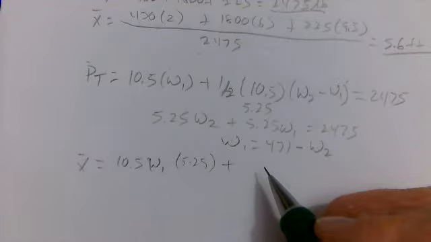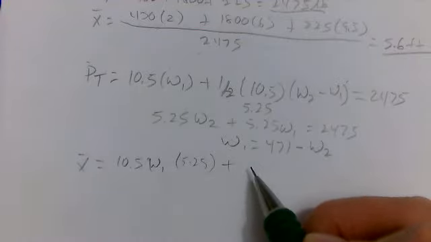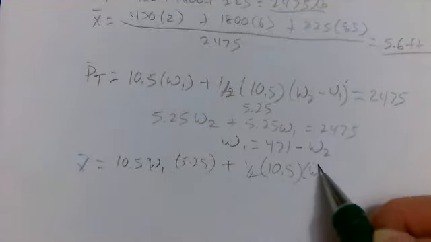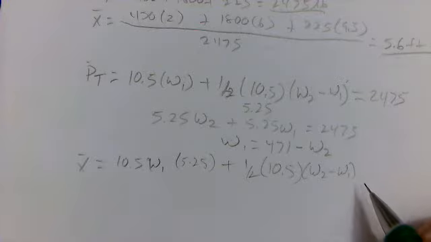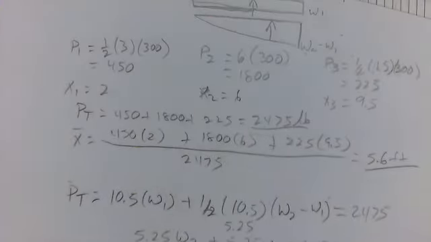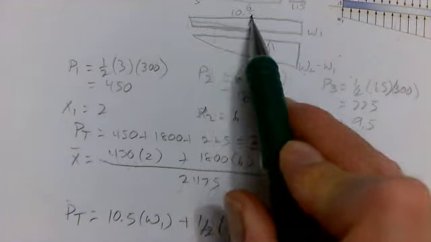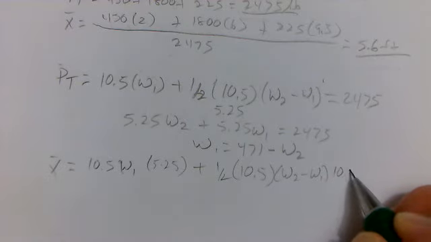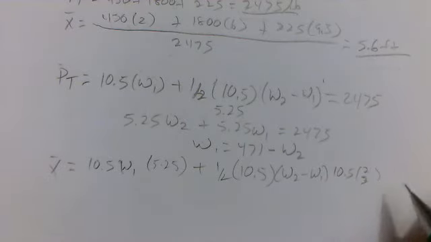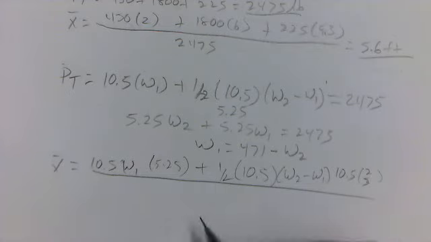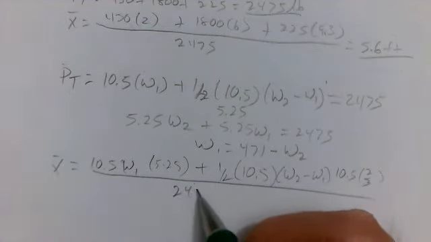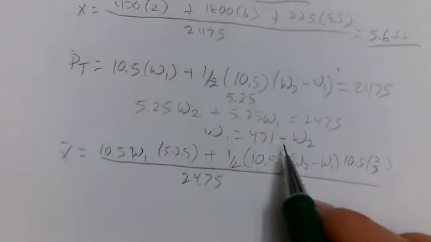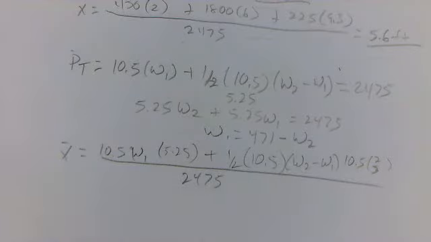Then we add the triangle portion: 1/2 the base, 10.5, times the height, W2 minus W1, multiplied by this distance, 10.5 times 2/3. We divide that by the magnitude of the whole thing, 2475. Now I'm going to clean this up and put in W1, and we can solve it.